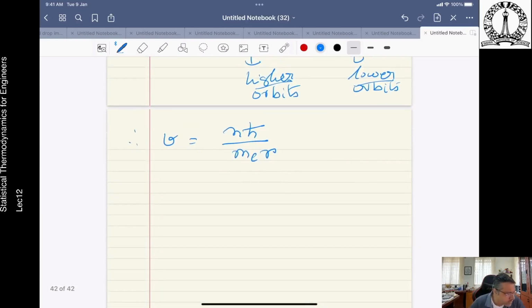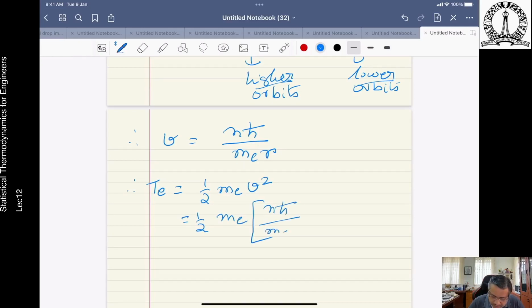That is exactly what we have written. So therefore, the kinetic energy is equal to half m_e v square, which is further represented as half m_e, let's put it as n h bar by m_e r square.